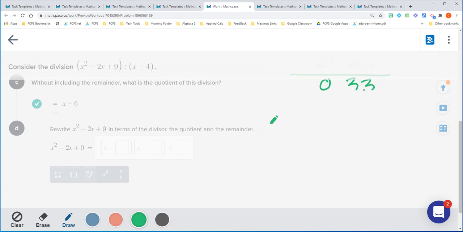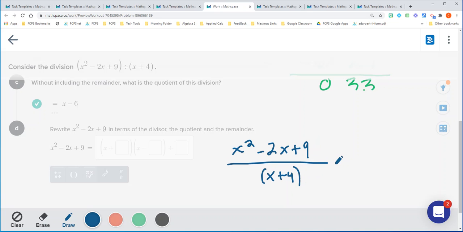Rewrite this in terms of, okay, so it's a little tricky, but let's see what we did here. I'm going to write down what I did. I did x squared minus 2x plus 9 divided by x plus 4, and I got x minus 6 plus the remainder.